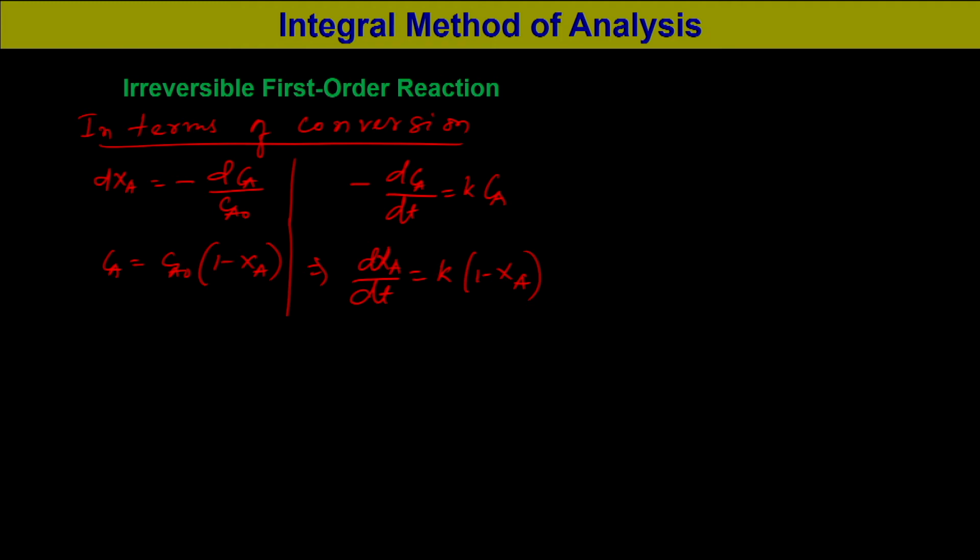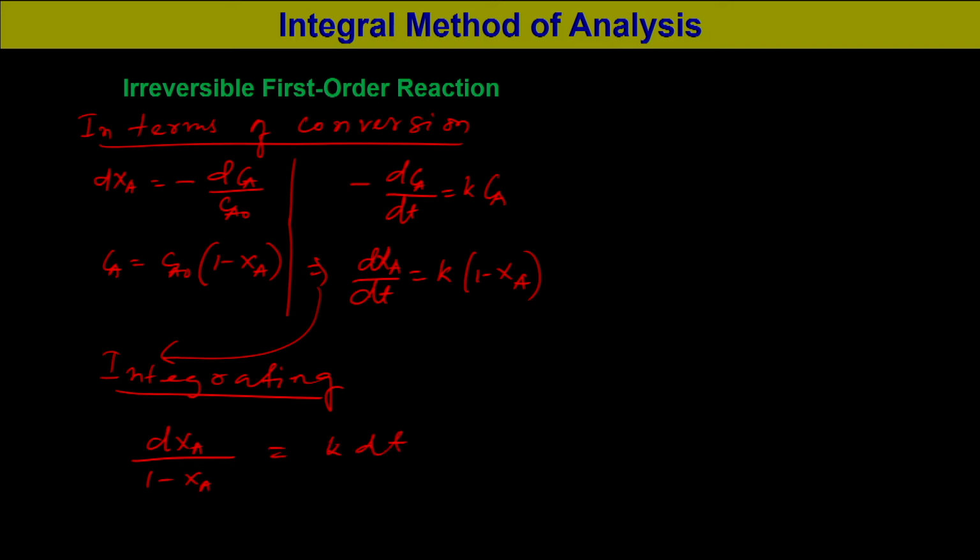Now, if we integrate this expression, by separation of the variables we can write dX A by 1 minus X A would be equal to k into dt.